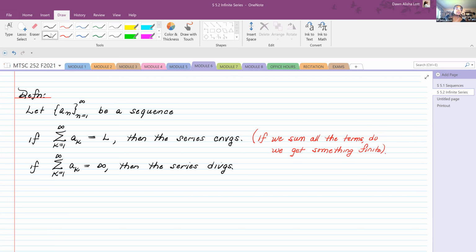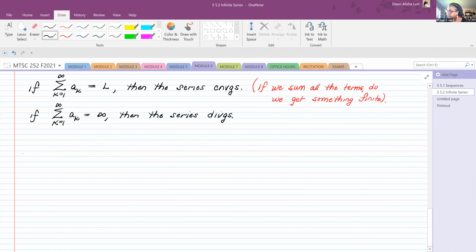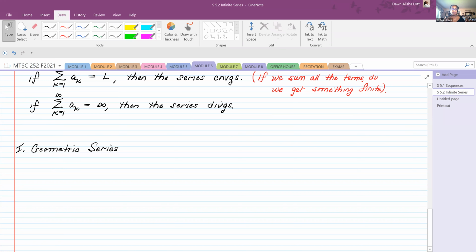Okay, so here is our first series test. Number 1, geometric series. A geometric series has a certain form. It looks like the sum n equal 1 to infinity of a r to the n minus 1. What does that mean?